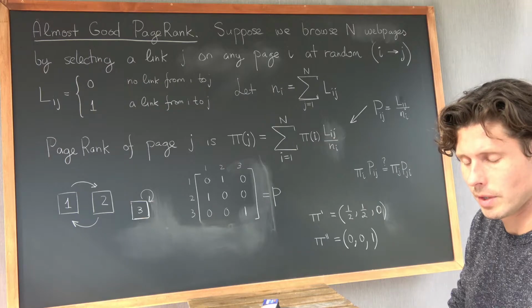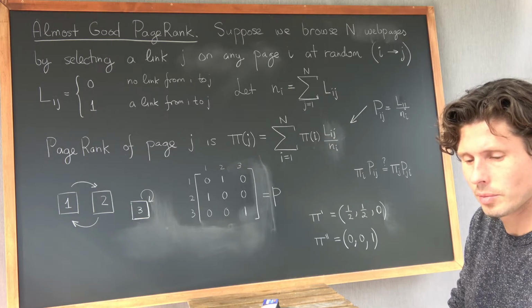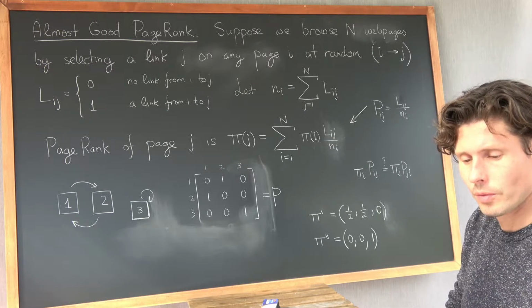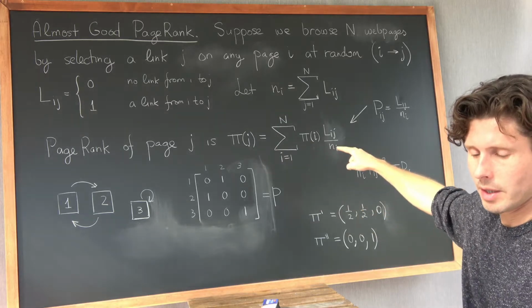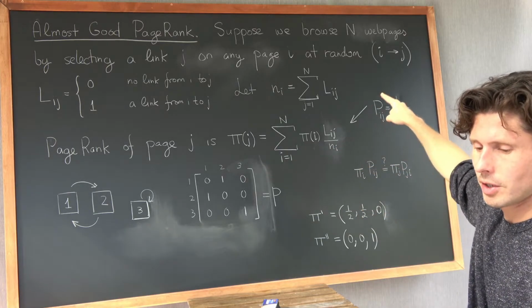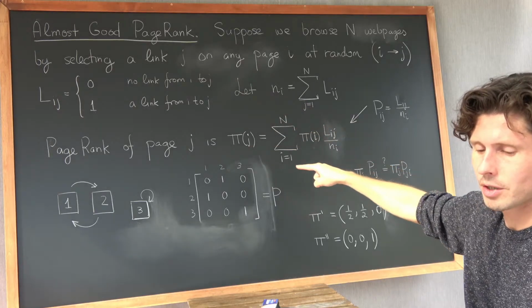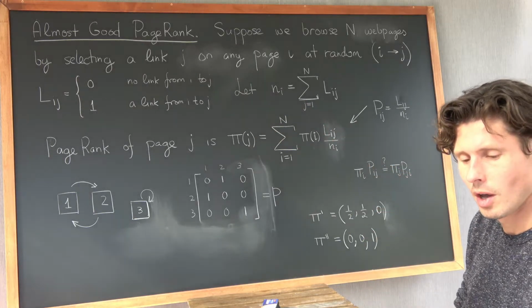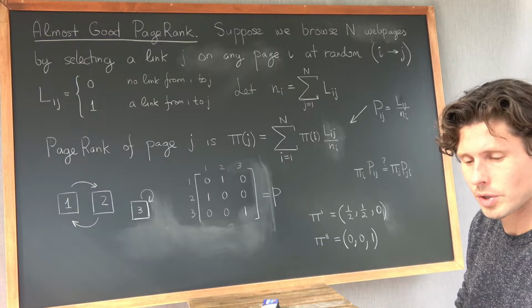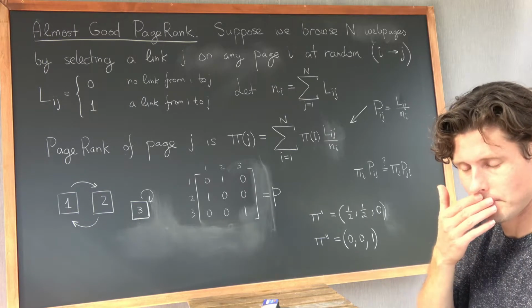So what I wrote, with this definition, is the global balance relation for a stationary distribution of this random web surfer process.